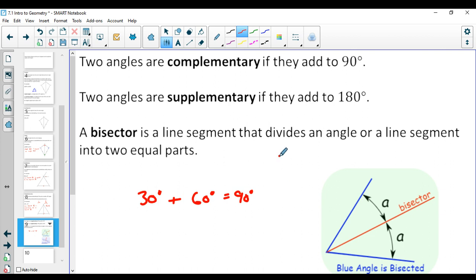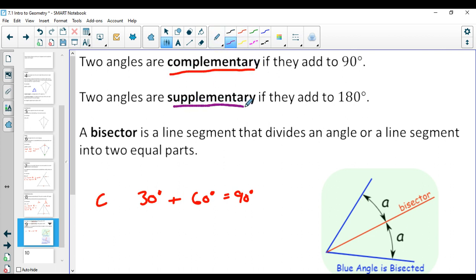If you had some sort of shape, these two angles here would be complementary if they added to 90 degrees. I'll put a C here for complementary.